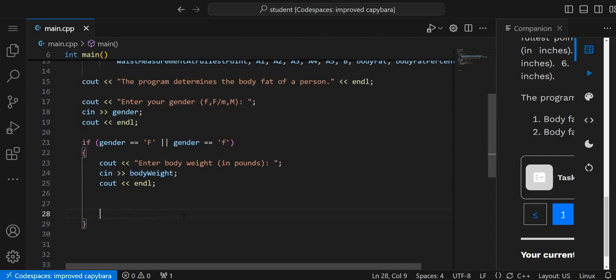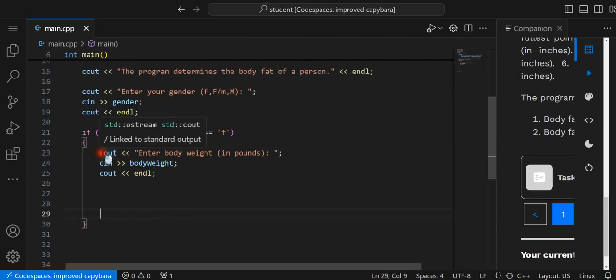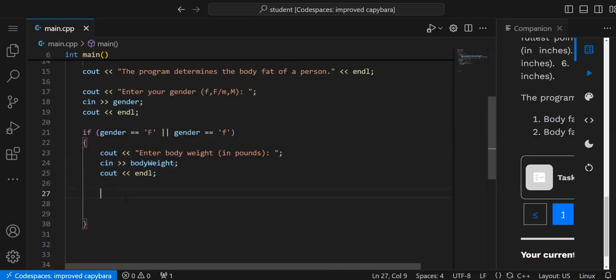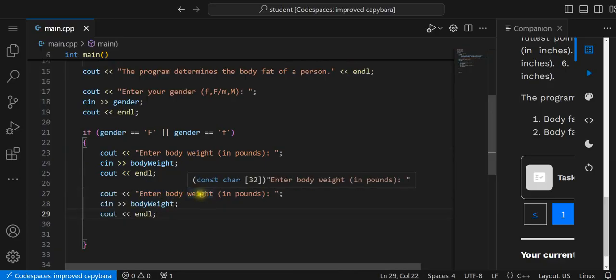Just copy and paste it again. Now let's go into wrist measurement.